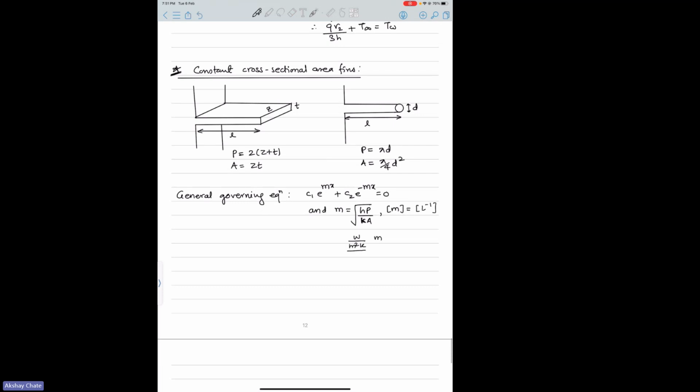Perimeter is meter. Watt per meter Kelvin, meter square. So Kelvin goes, and m remains. m is hP by k, correct. Watt per meter.